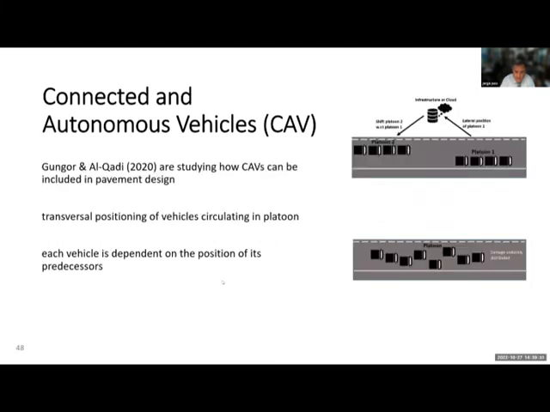At this moment there is some research on this topic for pavement design, and it's related to the transverse and horizontal positioning of the vehicle during circulation.